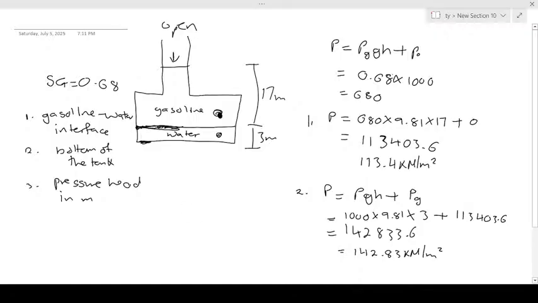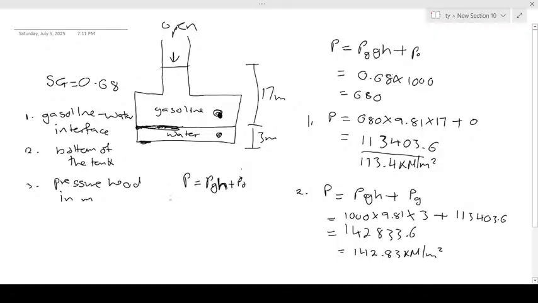Now the last question says to express the pressure at the gasoline-water interface as pressure head in meters. You know that pressure is equal to rho GH plus P naught. Here our P naught is 0, but they want this H, the head in meters.